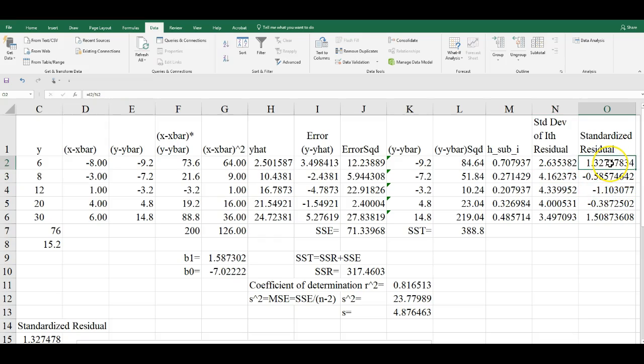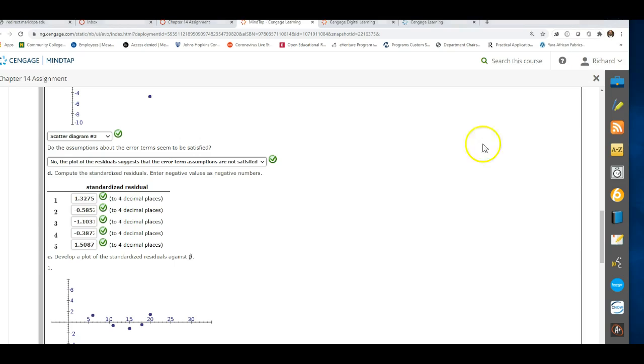And then the standardized residual is the error, y minus y hat, divided by that standard deviation of the ith residual. And that gives you your standardized residuals. And make a note of these numbers, because these are the correct numbers that you have to enter in order to have this part D marked correct.